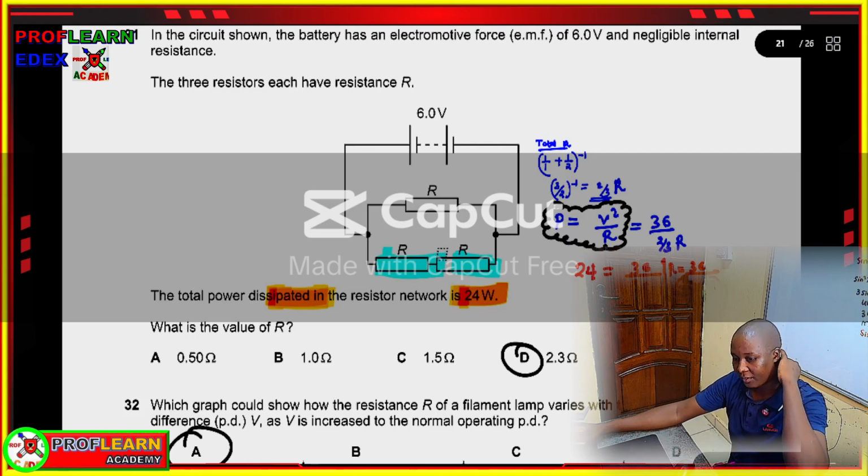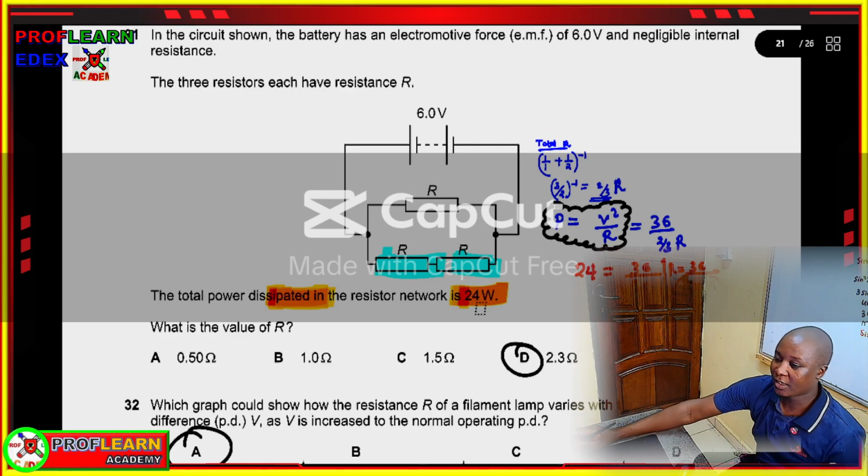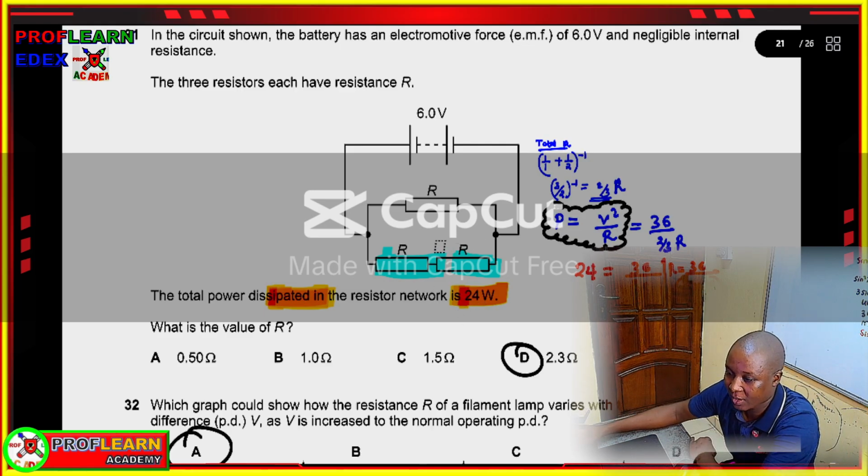If we are told they are identical, then R plus R will be 2R. Then we say 1 over 1 plus 1 over 2, because these resistors are in parallel. I'm going to include the R later. Then raised to power negative 1 to get the answer directly.